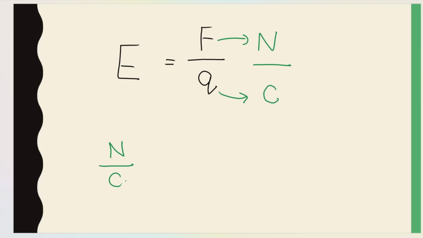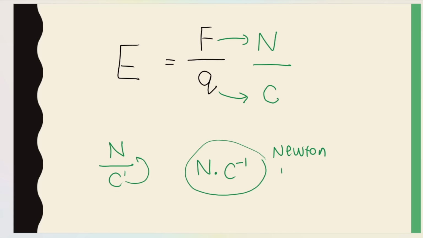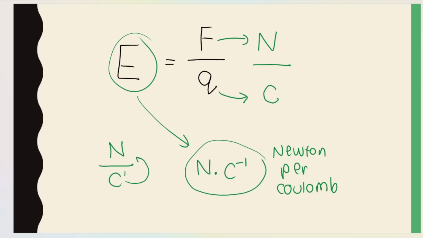If I take this Coulomb to the top of this fraction, remember it has an exponent of 1, when we take that to the top, it becomes Newton times Coulomb to the power of -1. And how we say this is Newton per Coulomb. That's how we say that unit. So that's where the unit for electric field comes from. That's the unit for E, Newton per Coulomb.